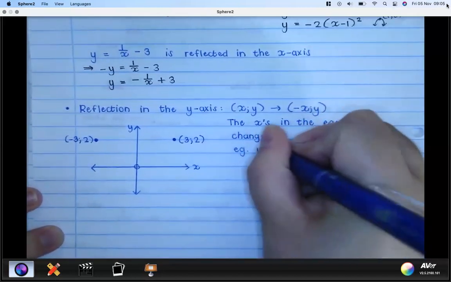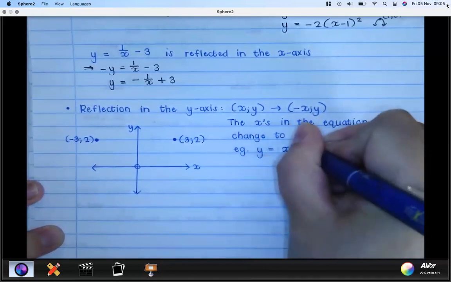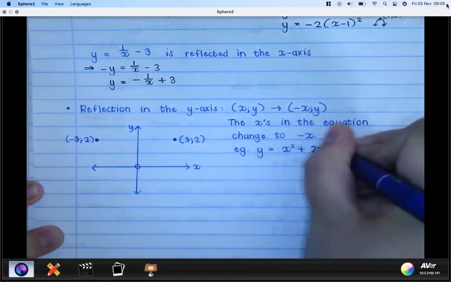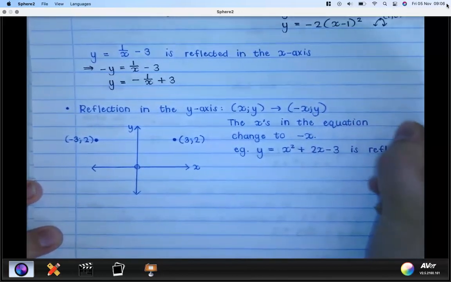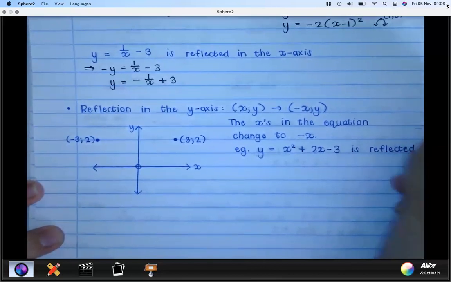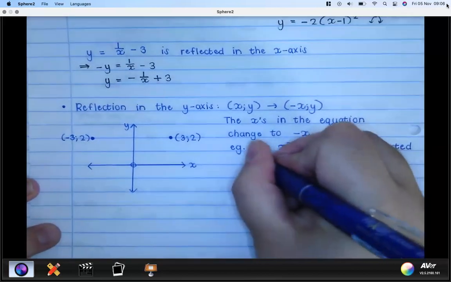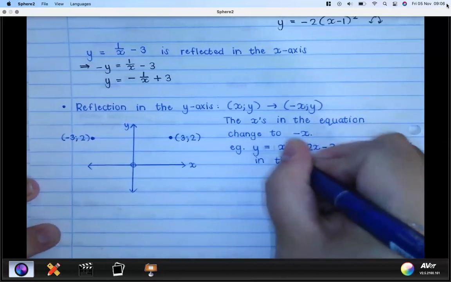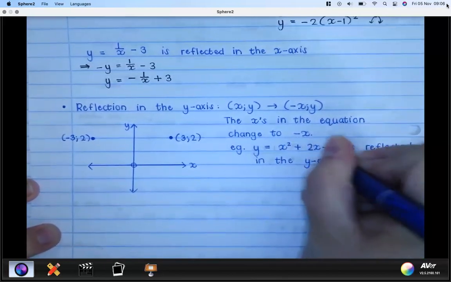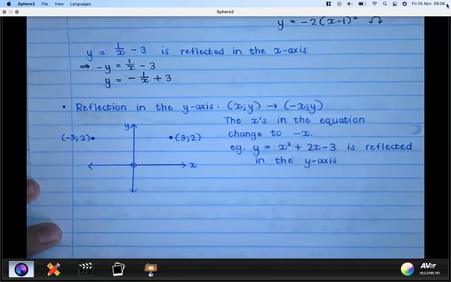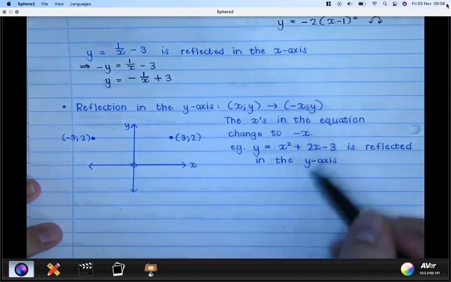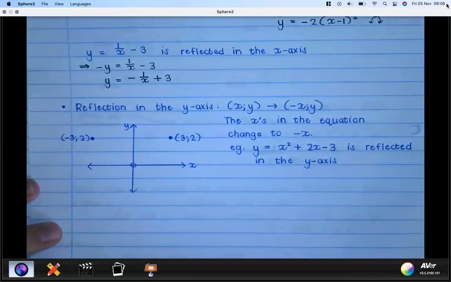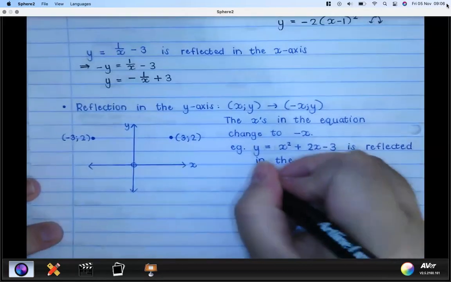If you have y equals x² plus 2x minus 3, and that graph is now reflected in the y-axis, you need to remember that when you reflect something in the y-axis, the sign of x will change.